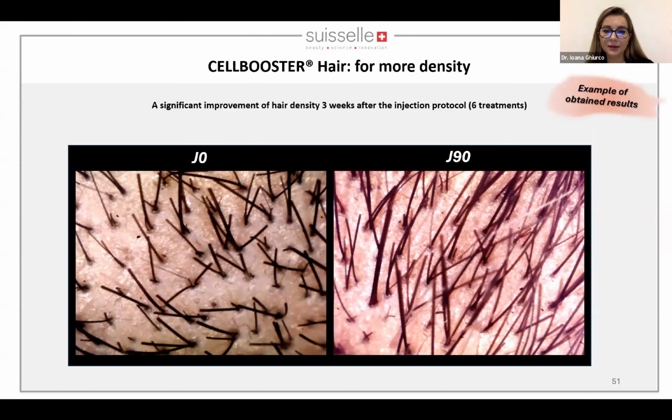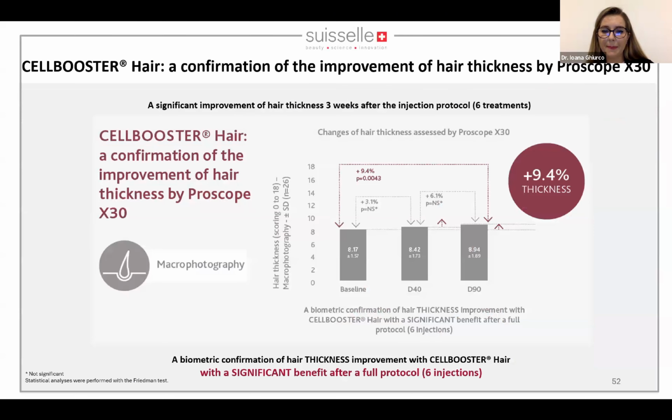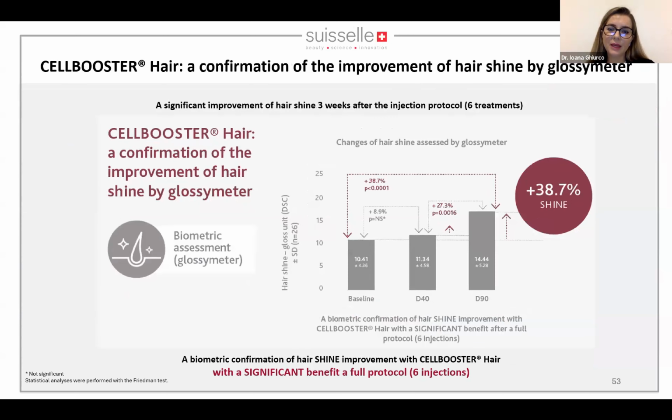You can see at point 0 and after 90 days how the hair density is improved. Next. Also, the biometric evaluation showed a more than 9% improvement in thickness of the hair. Next. And more than 38% in shine using the glossimeter. Next slide.